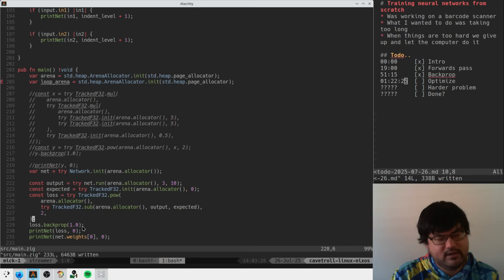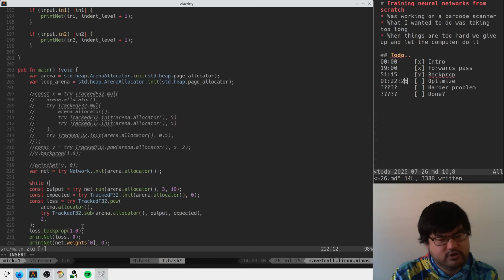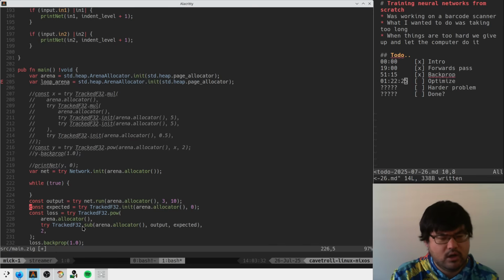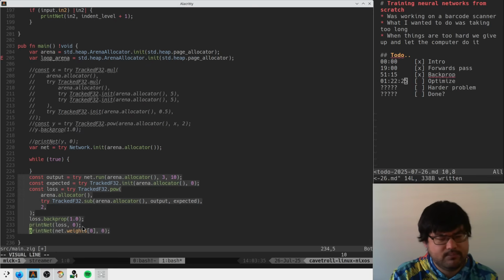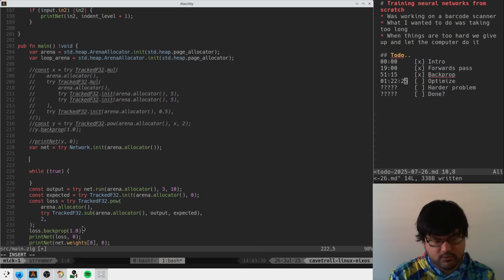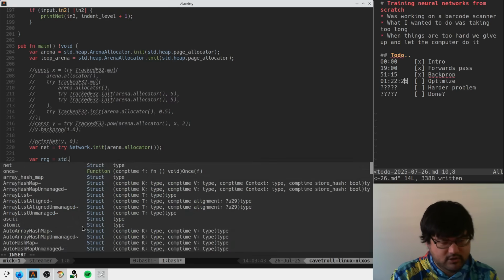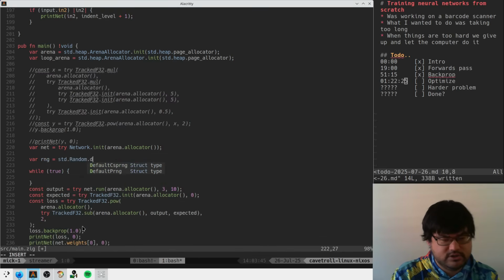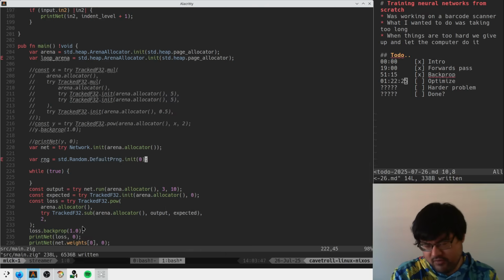So we say, while true, we pick two numbers, any two numbers. So we need something like RNG. std random default PRNG initialized to 0.